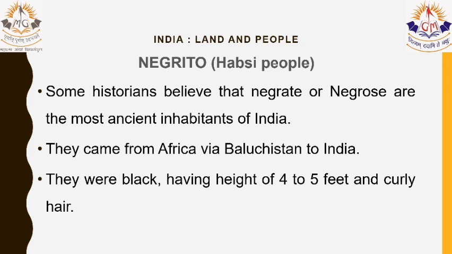That is why some historians believe that the Habsi people or the people of the Negrito tribe traveled all the way from Africa to India and then they settled in different parts of India, making them the first inhabitants of India. But modern researchers have proved that human beings evolved and existed simultaneously at two places in the world.